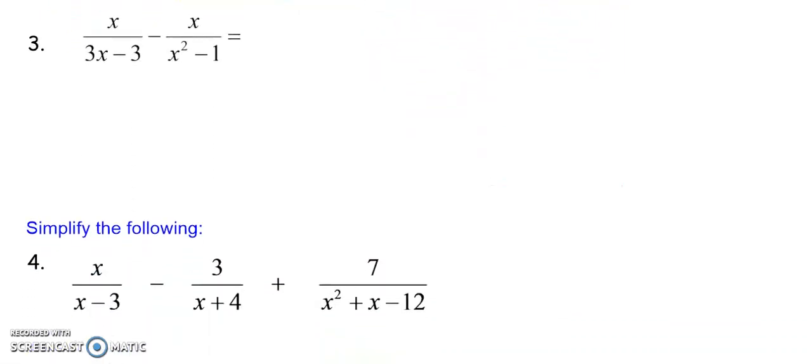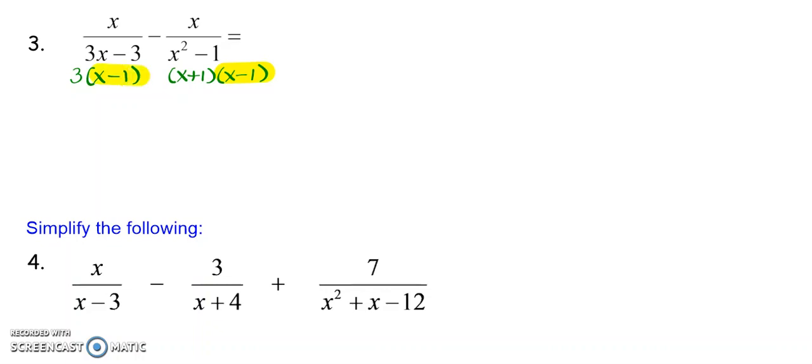Once again, you may want to pause and try it on your own. So factoring each piece, we have a 3 we can factor out here. And then in this second fraction, we have x plus 1 and x minus 1. So that means they already have this x minus 1 in common.